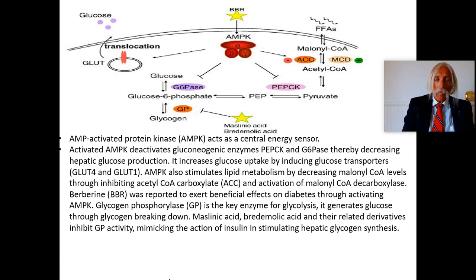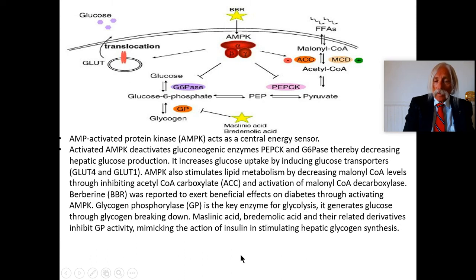There's a compound called berberine, or BBR, and it exerts a beneficial effect on diabetics through activating this AMP kinase. And you can see why, because it's going to diminish the amount of serum level glucose, right? It's going to get rid of that hyperglycemia. It generates glucose through glycogen breakdown. Okay, so glycogen phosphorylase is another key enzyme because it gives you glucose, right?